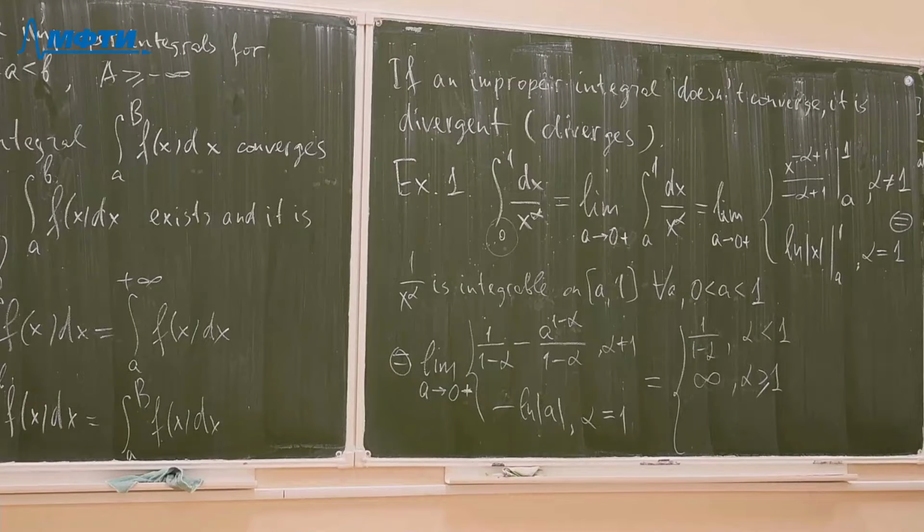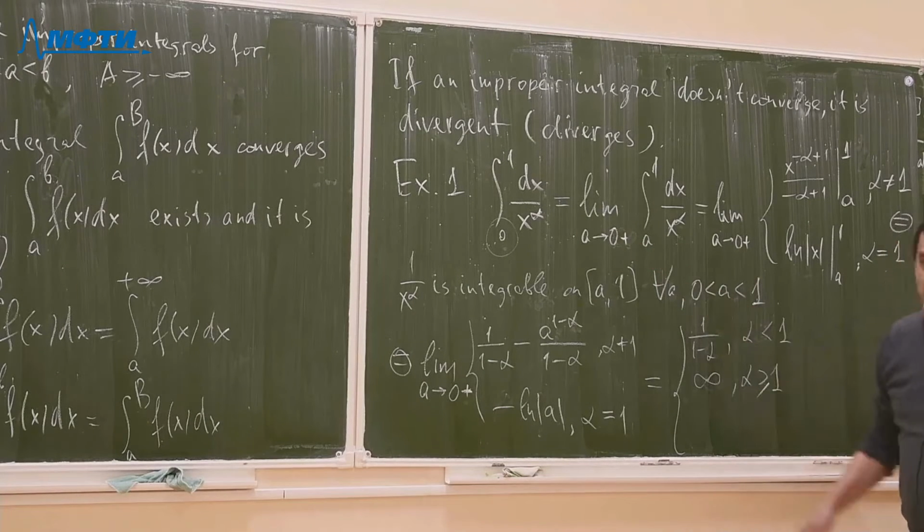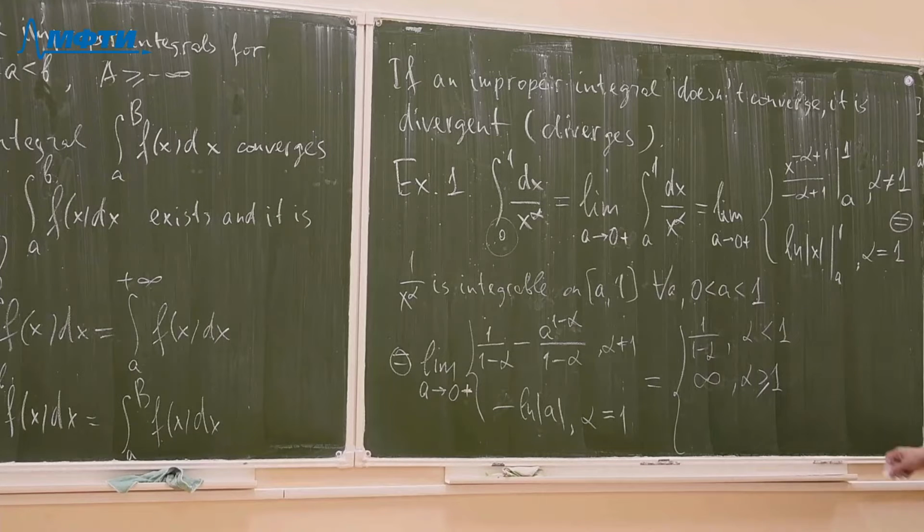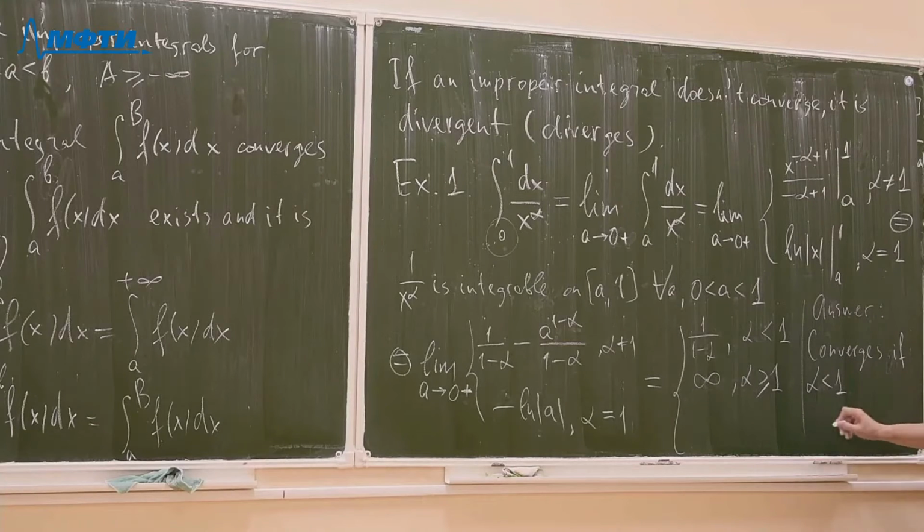So what does it mean? It means that our improper integral converges if alpha less than 1, diverges if alpha greater or equal than 1.